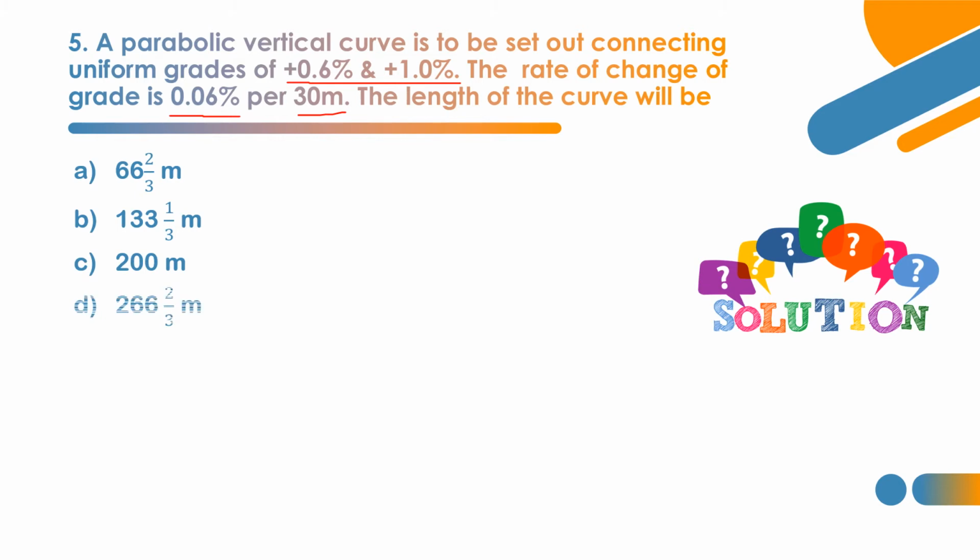This is one easy logical problem. They have given the rate of change of gradient as 0.06% per 30 meter and two uniform grades, both ascending. By using this data we find the length of the curve. This can be solved by logic. Easy one. Option C, 200 meter, is the answer.